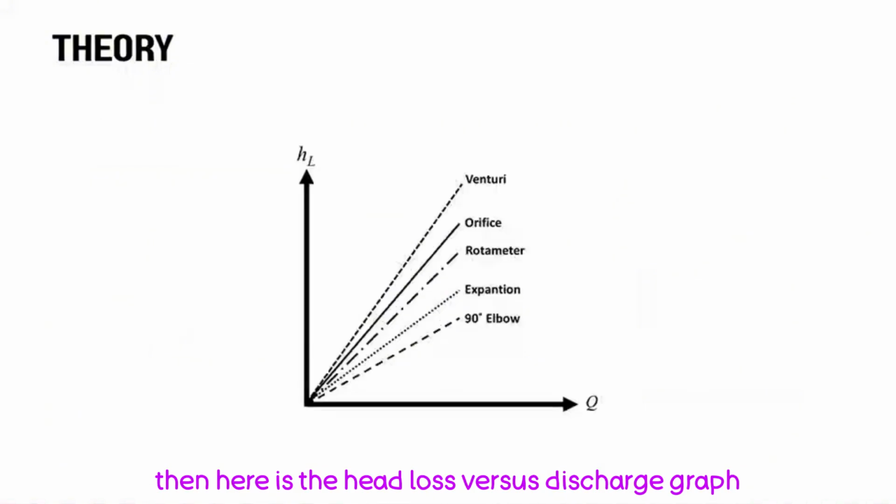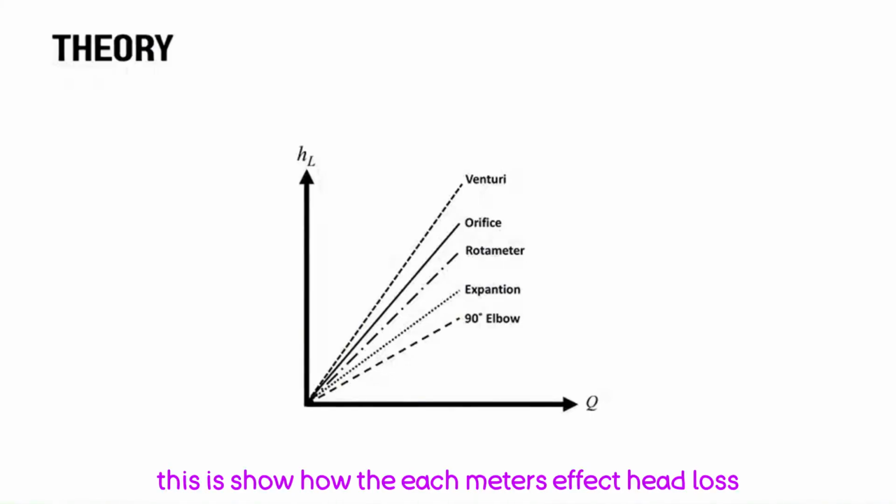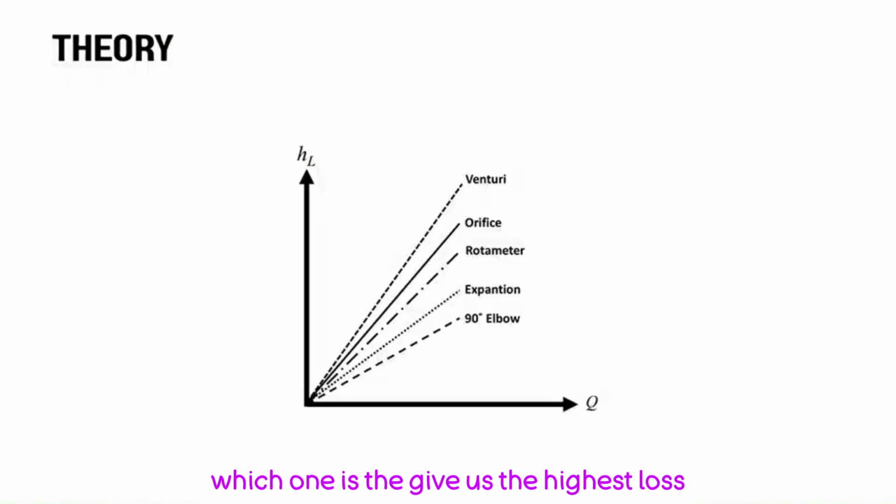Then here is the head loss versus discharge graph. This shows how each meter affects head loss, which one gives us the highest loss and the lowest loss in the system. And that is all for the theory.